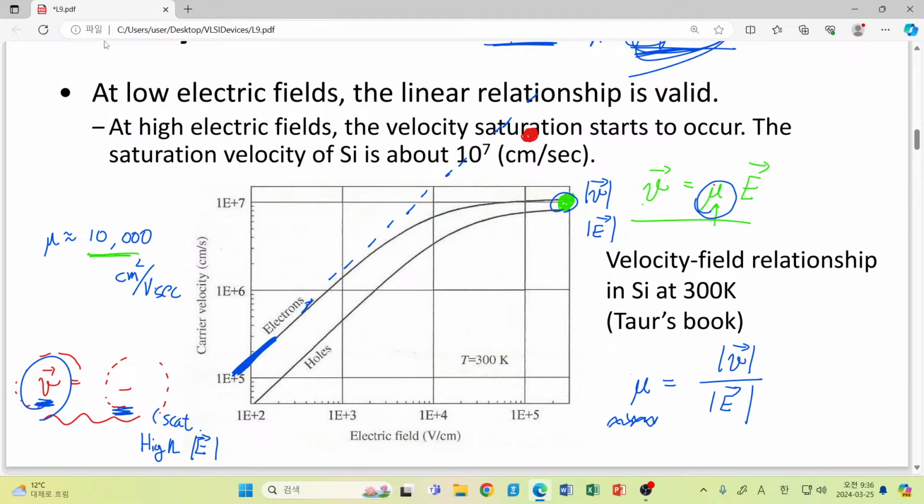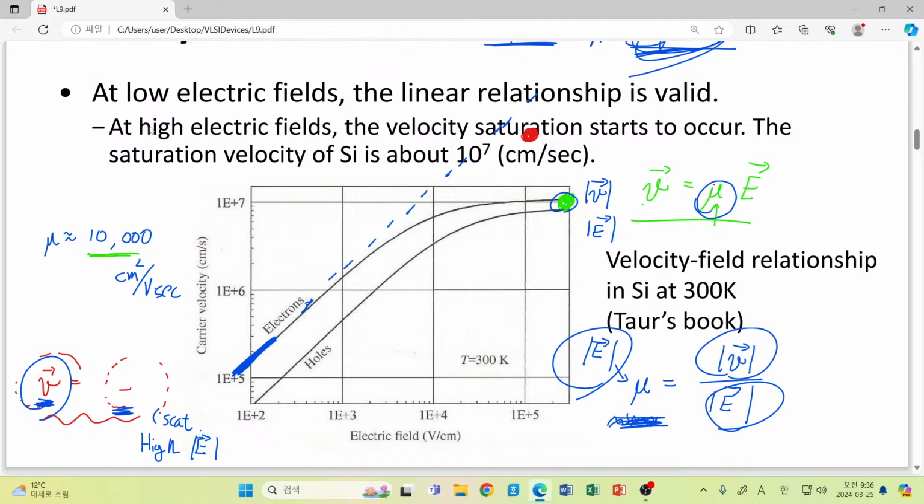However, in many cases, people just say that mobility is defined at high electric field. Conceptually, it is not that rigorous, but they just take the ratio between velocity and electric field that is shown here.